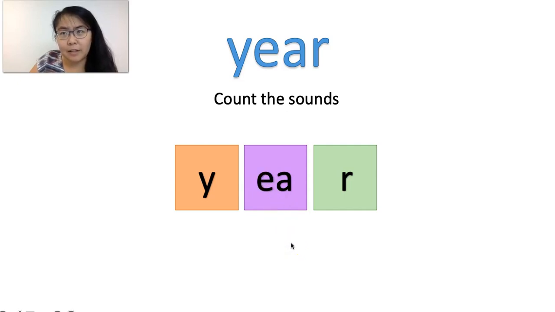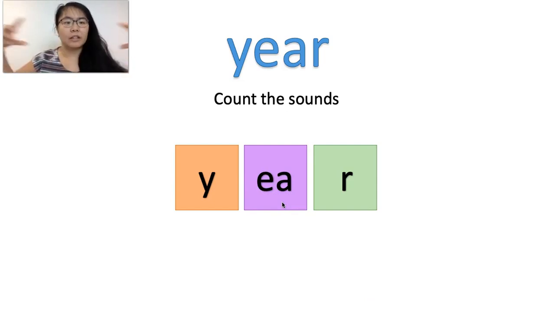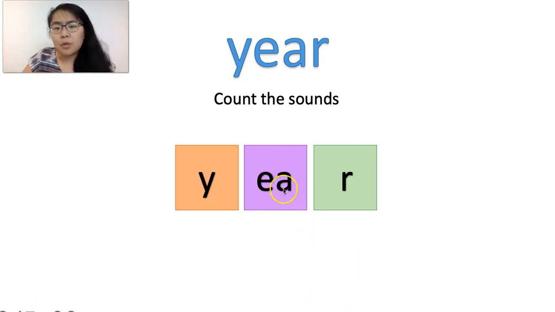If you said, well, Amy, they're both vowels, 2 vowels next to each other, and you only hear 1 vowel sound. You hear the long E sound, year. You hear no A sound in there, just a long E.